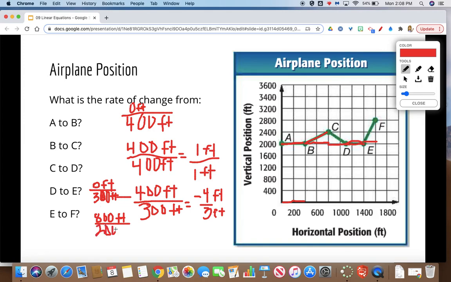We could simplify that, divide both of those by 200. We end up with 4 over 1. That means for every 4 feet vertically, we traveled 1 foot horizontally there.